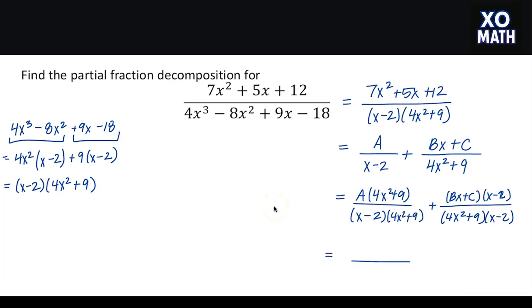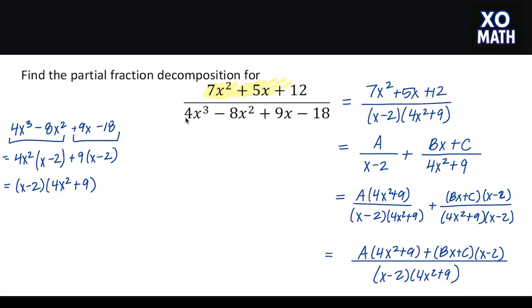So they're going to come together as a times the quantity 4x² + 9, plus (bx + c), all in parentheses, times the quantity x - 2, over that common denominator. Now, in order for these two to be equal, they have the same denominator, one's in factored form, one isn't, but their numerators are going to have to be equal.